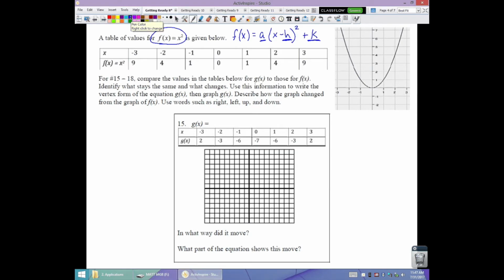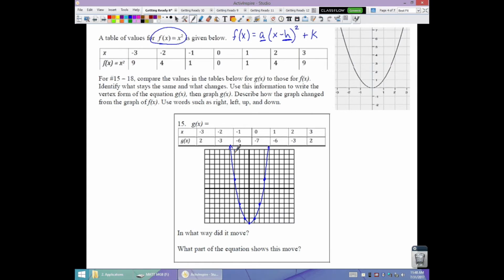Since you have a table of values, you would probably start by graphing. So, -3, 2, okay, once we get those 7 points plotted, we could go ahead and sketch in our parabola. Now, how does this one compare to the parent graph? We could be looking at either the graphs or the tables or a combination of both.